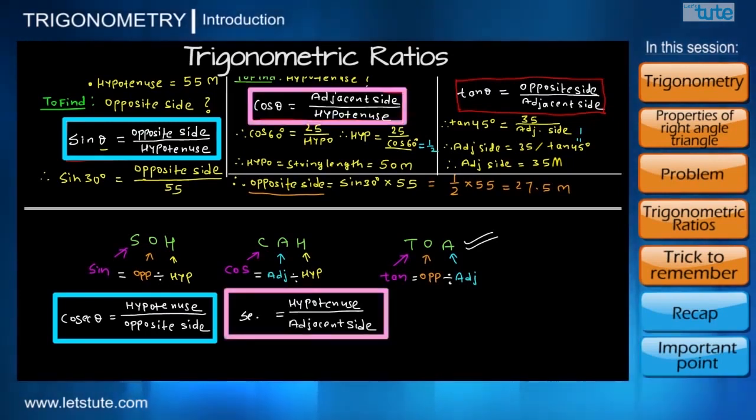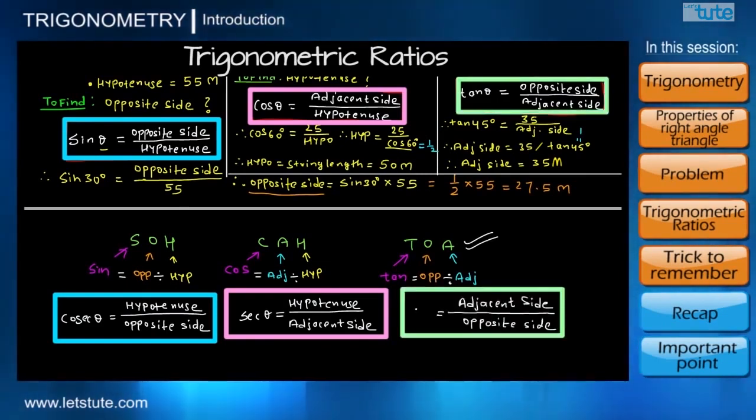The reverse ratio of cos theta is defined as sec theta, and that is equal to hypotenuse upon the adjacent side. And similarly, the reverse ratio of tan theta is defined as cot theta, and that is equal to adjacent side upon the opposite side. So these 6 ratios are the only possible ratios that can be made by using the three sides.